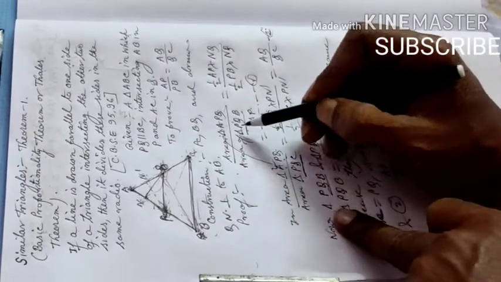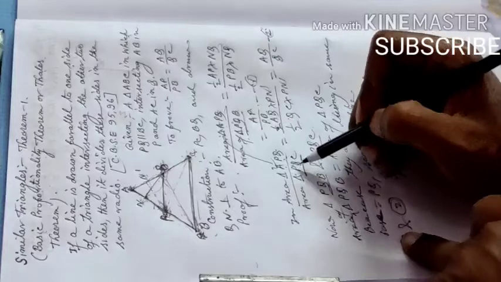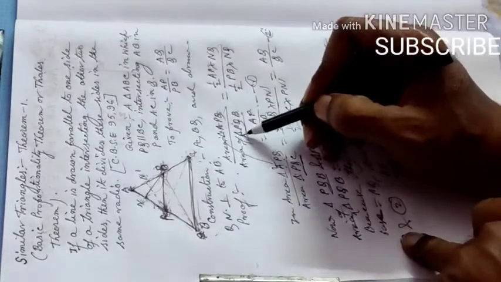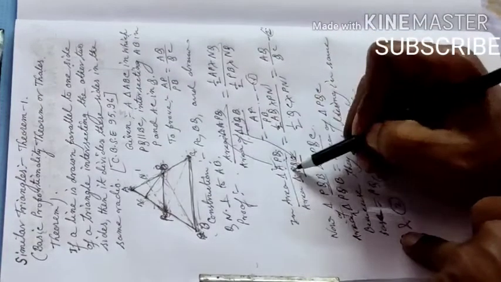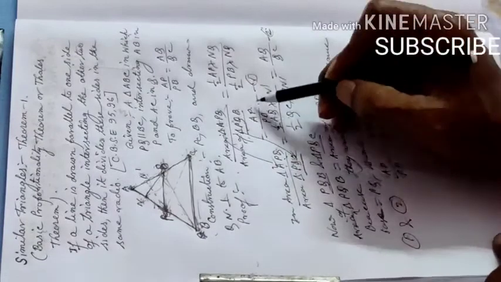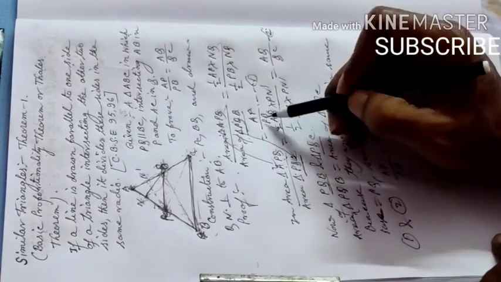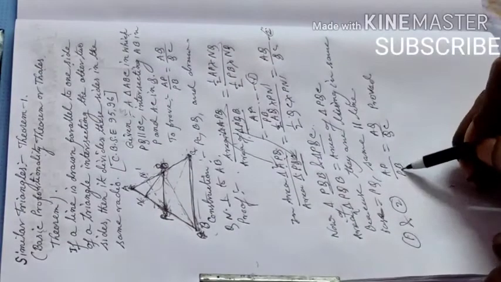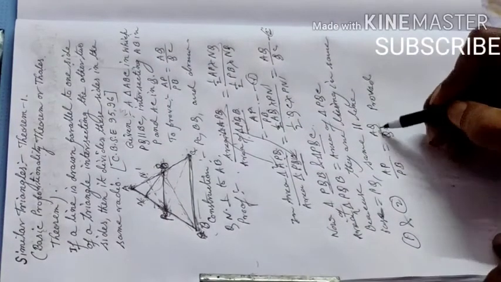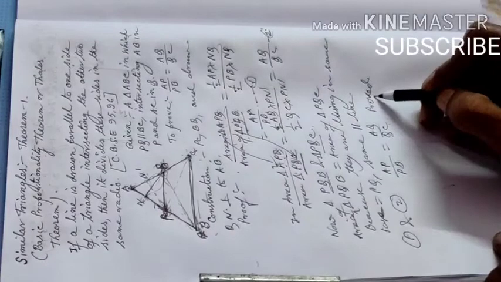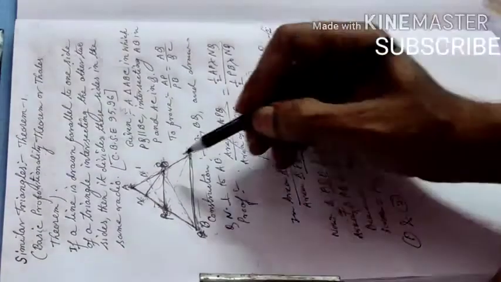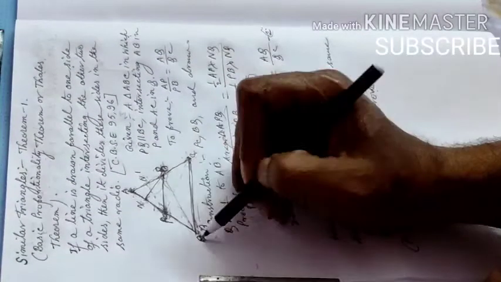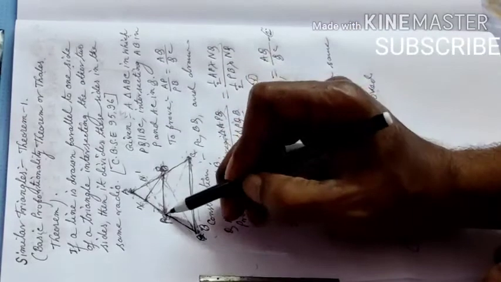APQ is the same, and PQB and PQC are both equal, so the left-hand side is equal, therefore the right-hand side must be equal. So AP by PB is equal to AQ by QC. Proved. So, very easy. First you draw the triangle ABC, and then draw the parallel line.